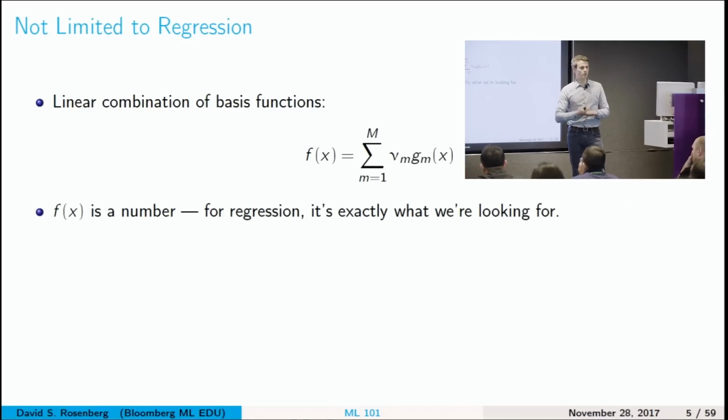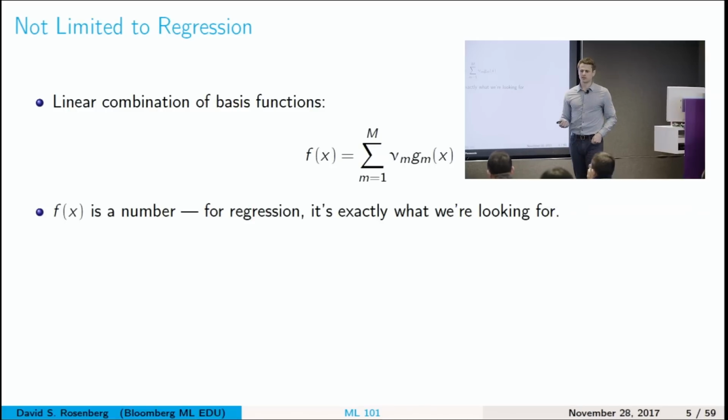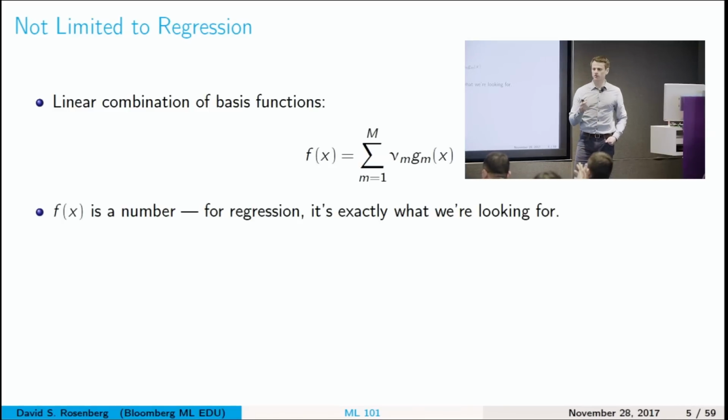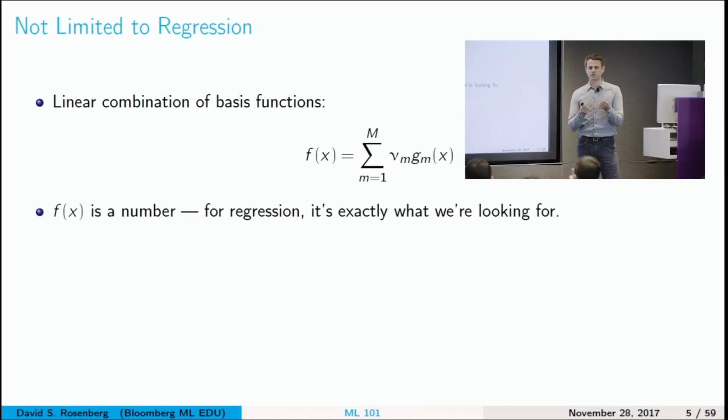We can transform our real valued score function into a class by thresholding. That's one thing we can do. Also, we spoke a few weeks ago about probabilistic modeling, where we had a real valued score function being transformed into the parameter for a distribution.